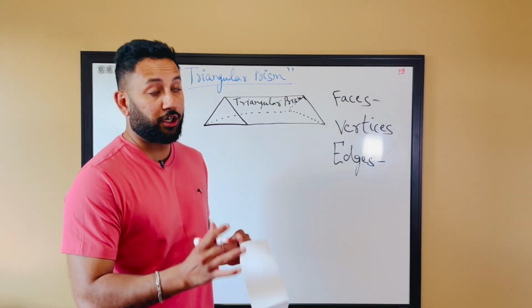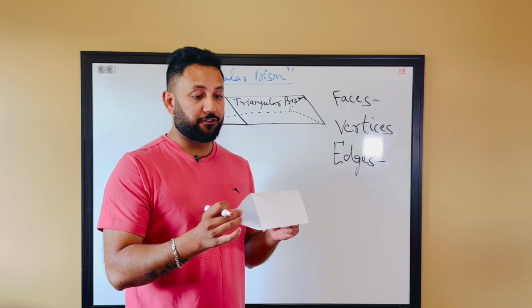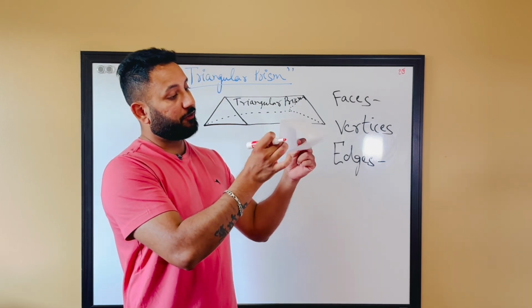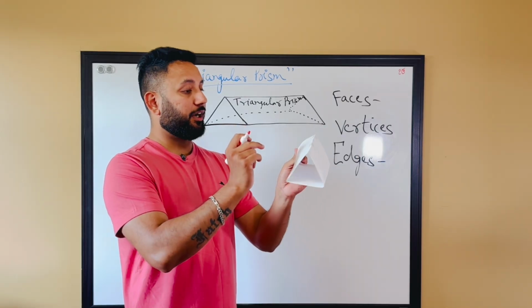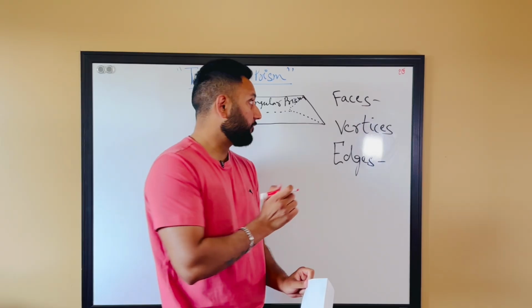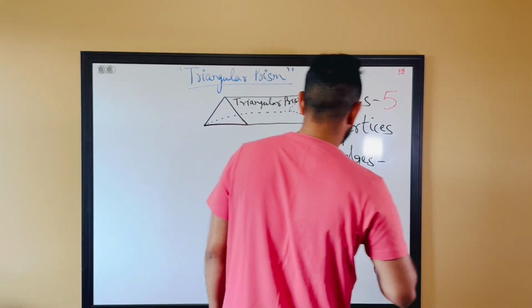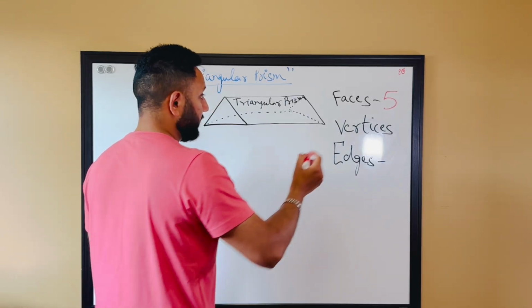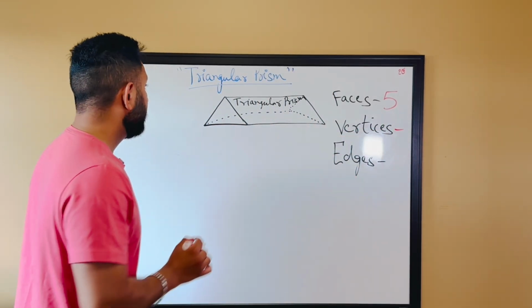So two triangular faces and three rectangular faces. The front face and the back face, they are two, and 1, 2, 3. So 2 plus 3, 5. So it has five faces.